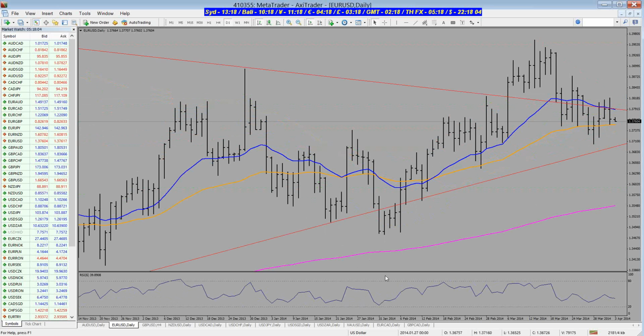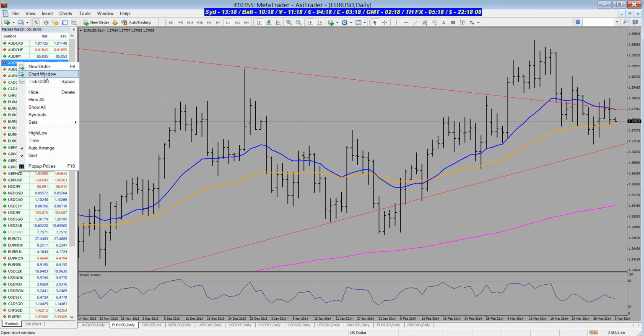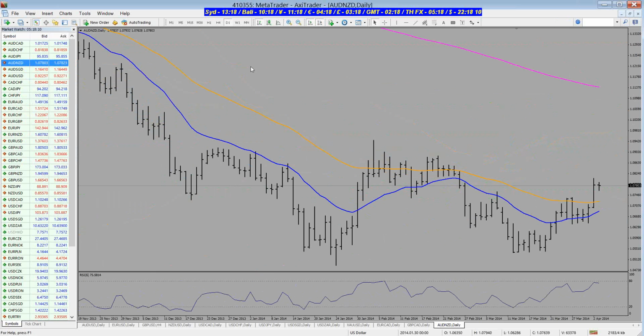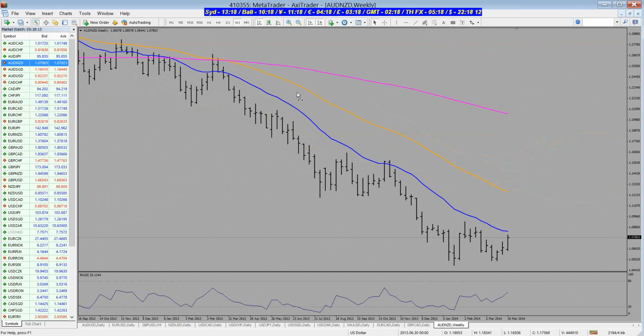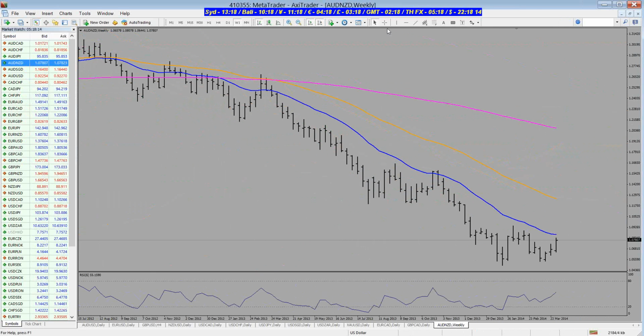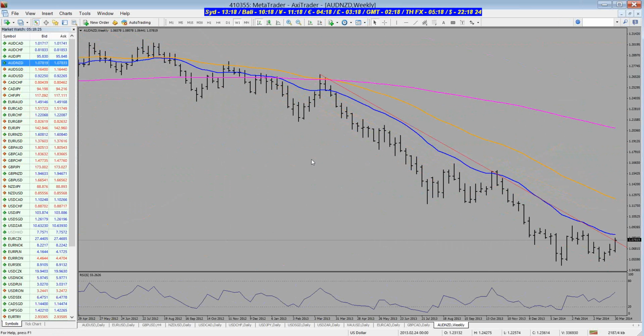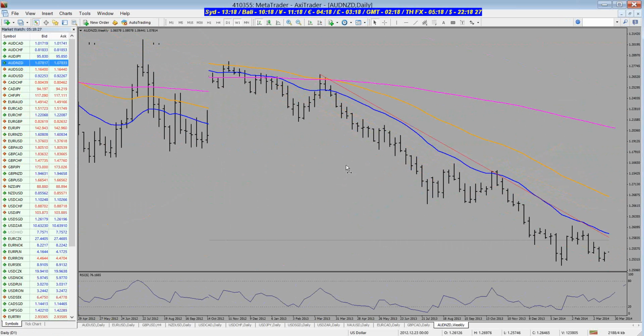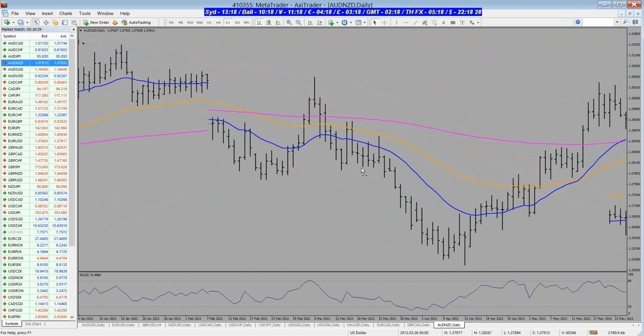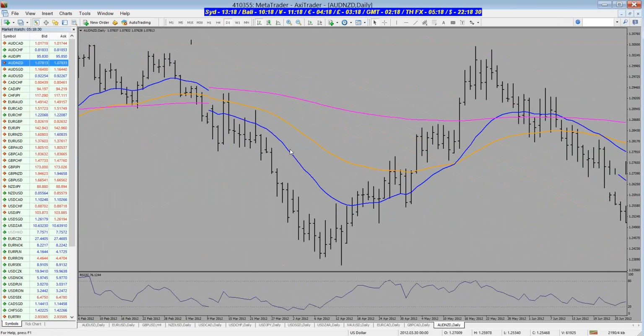But if we have a look at the Aussie Kiwi, I just want to. Those of you who like trend lines, wonderful thing to me.